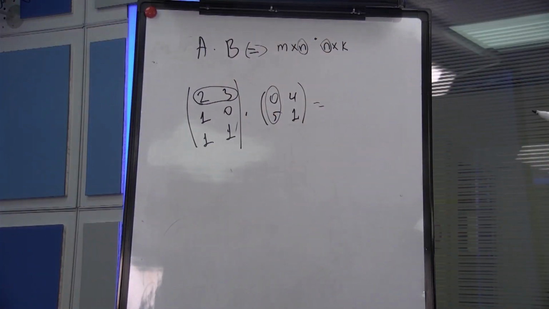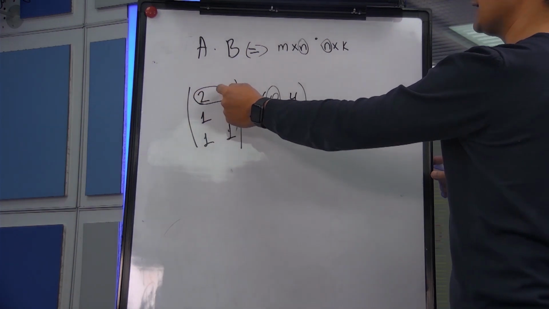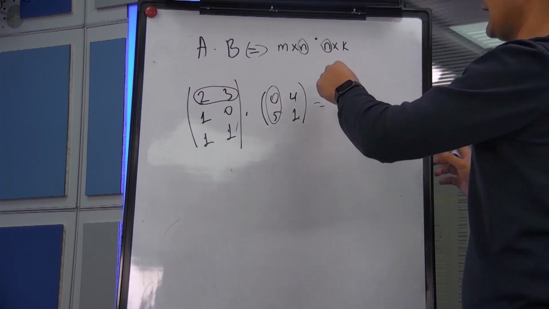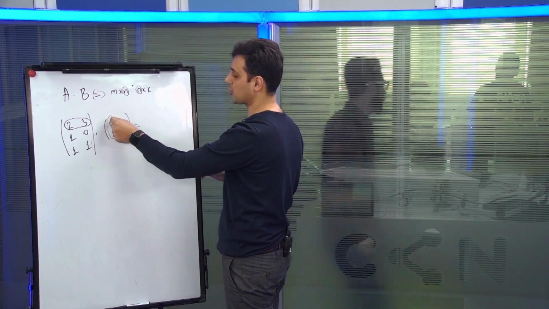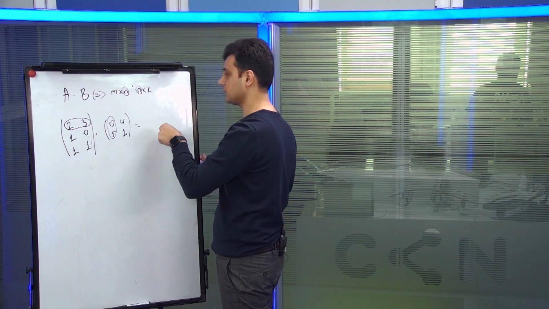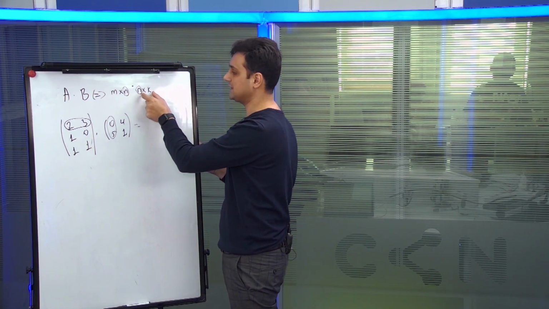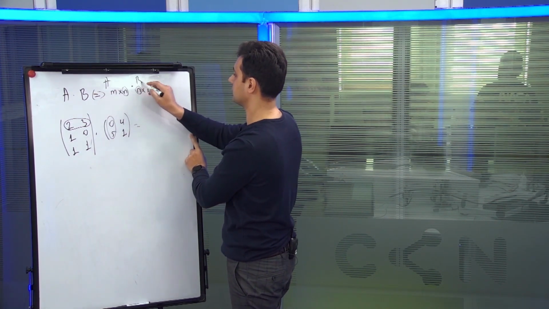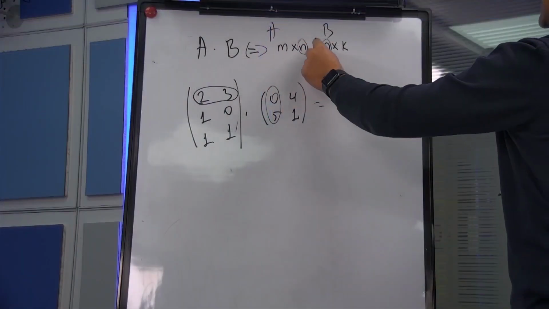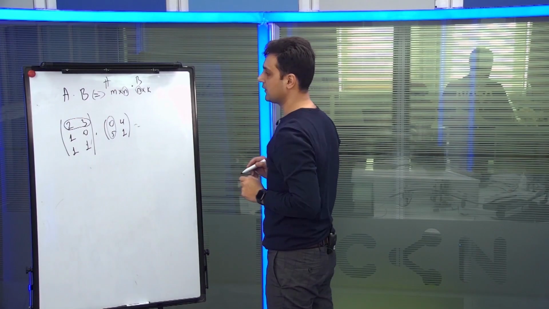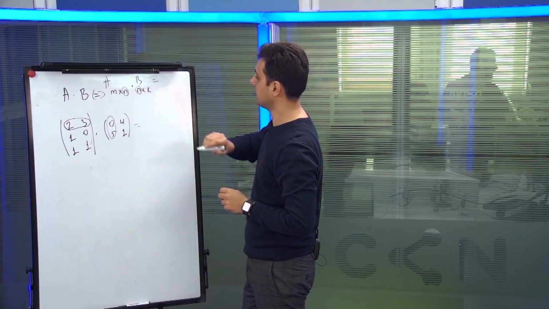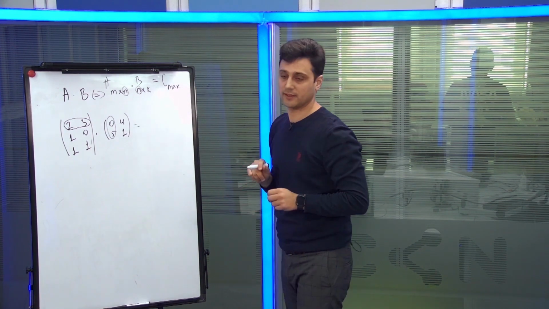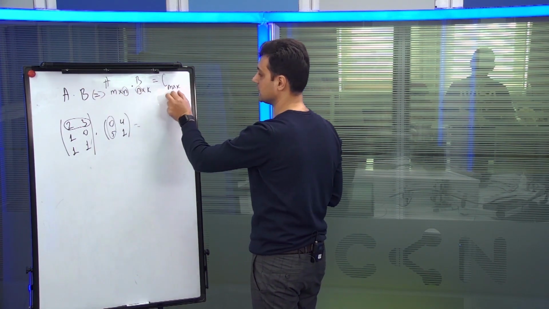Or in other words, the number of row elements in the first one, which also shows the number of columns, must equal the number of column elements or number of rows in the second matrix. Only in this case can we multiply matrix A and matrix B, right? With these dimensions, the two Ns must be equal. And the result matrix will be C, M by K.